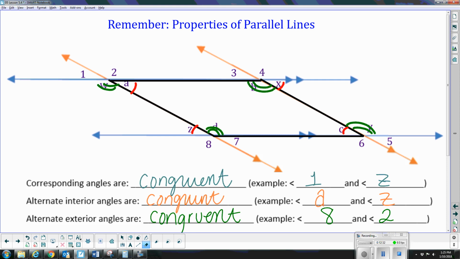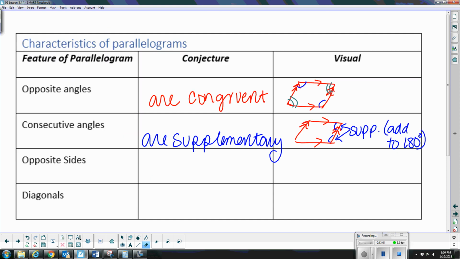And with parallel lines, you know that if two lines are parallel, then any distance between those two lines, well, actually we worked with perpendicular distances, but this is going to be the same as this distance, for example. So with parallelograms, what we know about opposite sides is that they are congruent.